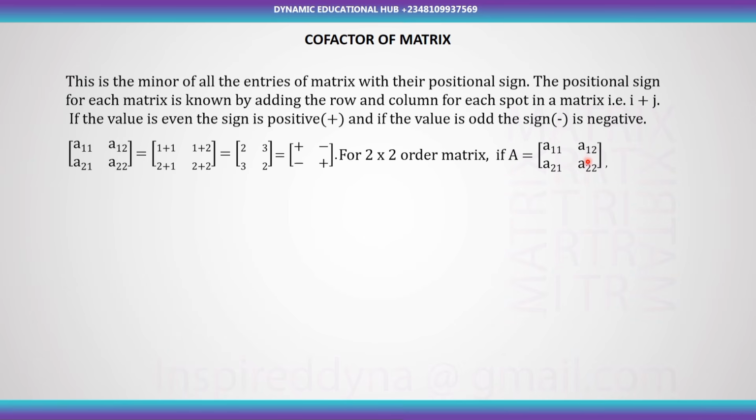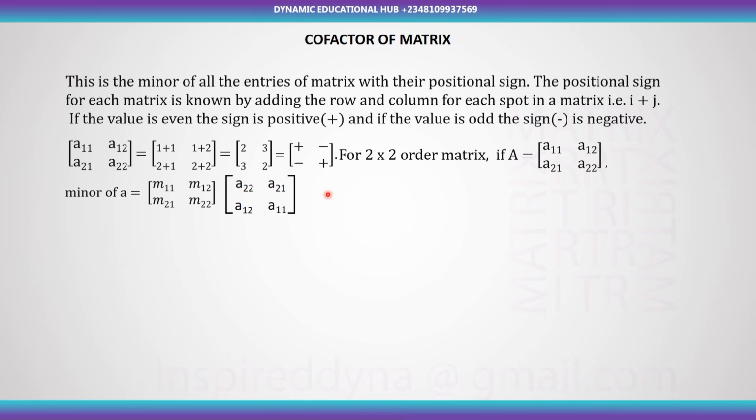It's quite simple. The first thing is to find the minor. The minor of A, the matrix we're talking about, is going to be this, and then we know the usual method, we swap the diagonals. We have swapped it. That is the minor.